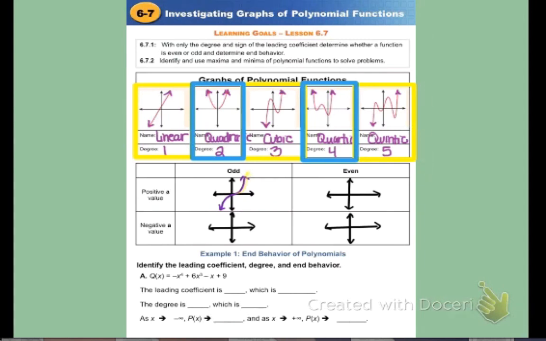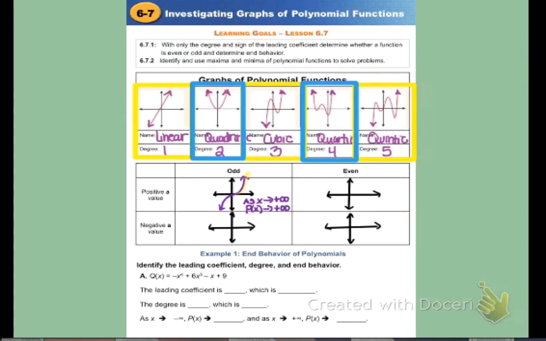And when that happens, this is how we would describe the end behavior. We would say as x values are approaching positive infinity, in other words, positive numbers getting bigger and bigger, then p of x would be approaching positive infinity as well, because it's increasing and getting higher.